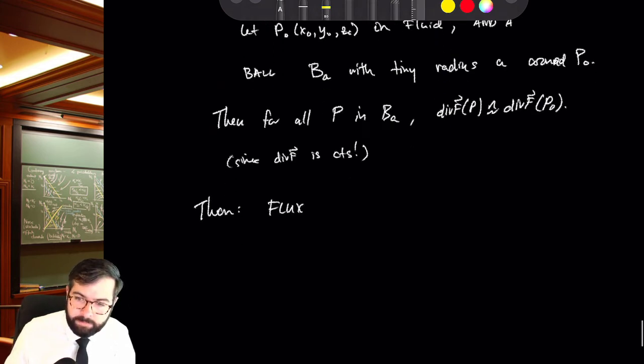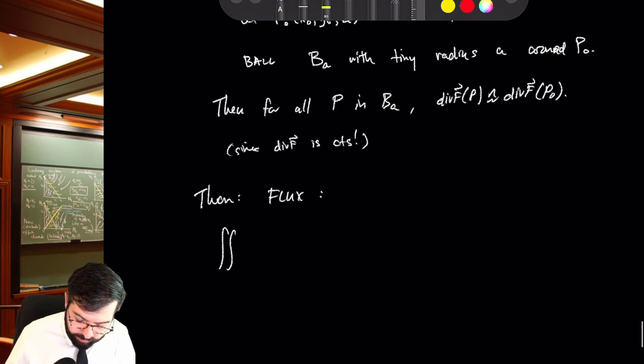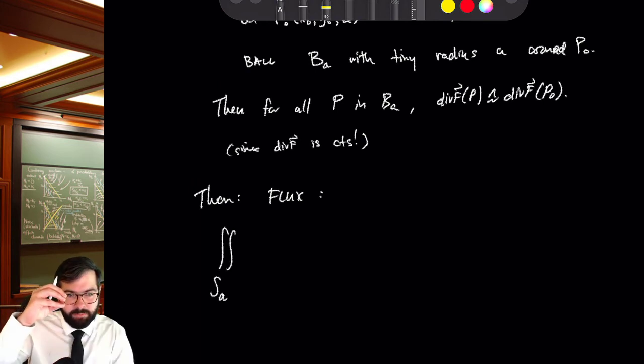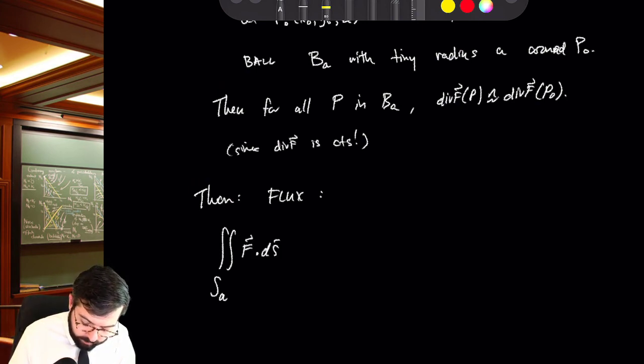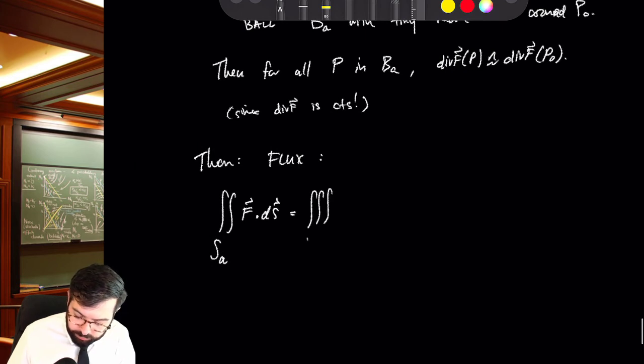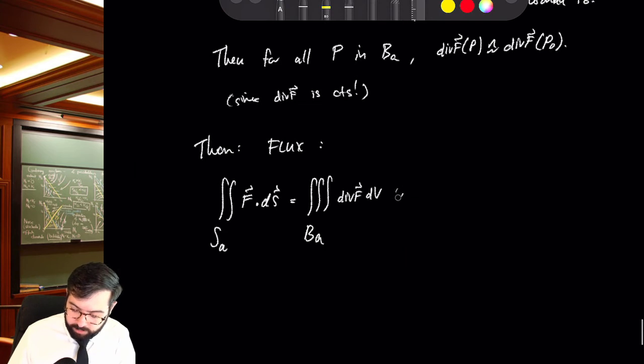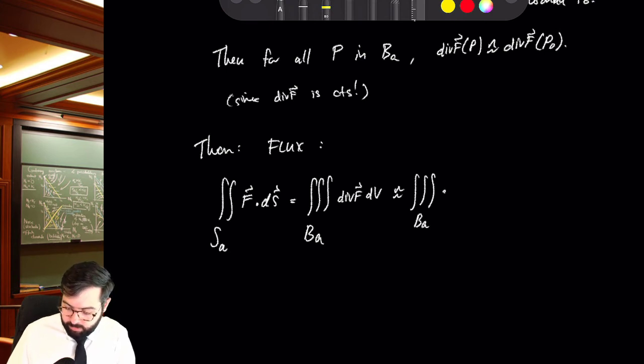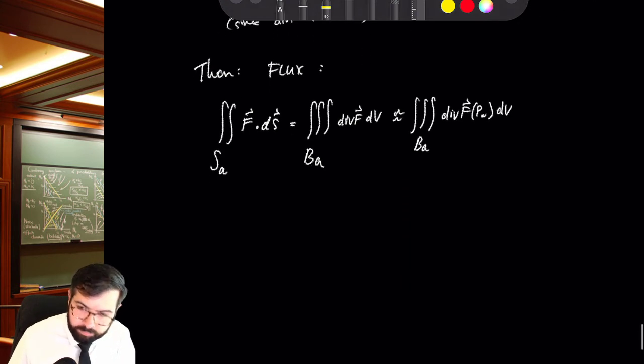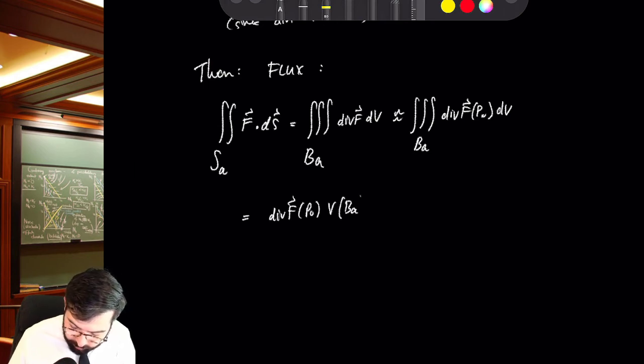Then the flux around the sphere, right? So the shell of this tiny ball, using the divergence theorem, well, that's going to be equal to the triple integral of the divergence in that region, which we know then must be approximately the divergence at P naught, which then must be just the divergence at this point times the volume of the ball.